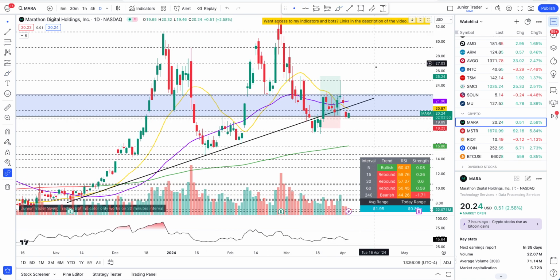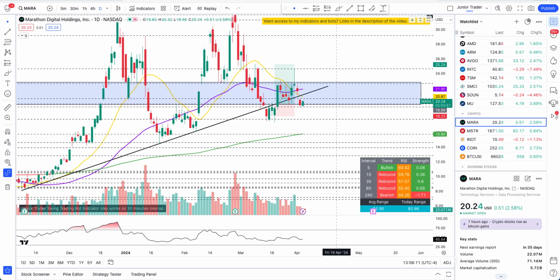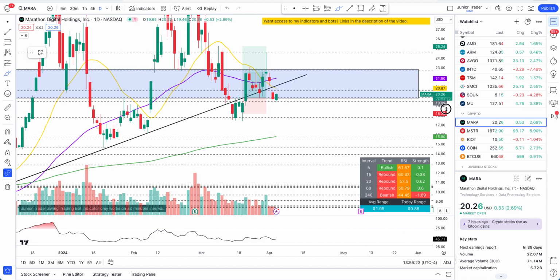For Mara to continue to the upside here, it has to go through some structure breaks again to confirm that upside, because Mara has broken the structure to the downside, and also losing this pivot at the level of $19.85 is a problem. It regained it today, but we haven't received that final confirmation on the structure.